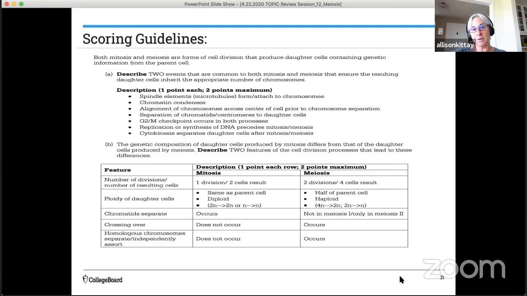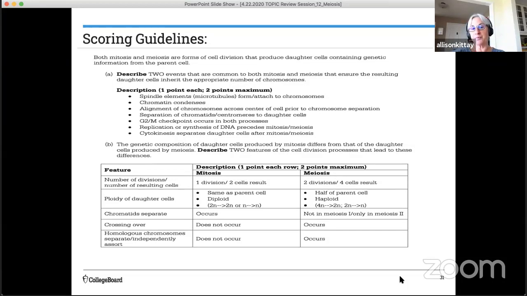In both cases, in prophase 1 of meiosis and in prophase of mitosis, the chromatin condenses into chromosomes. We have in both types of division the alignment of chromosomes across the center of the cell in metaphase before they separate in anaphase. And the separation of those chromosomes and chromatids into the daughter cells occurs both in mitosis and in meiosis 2.